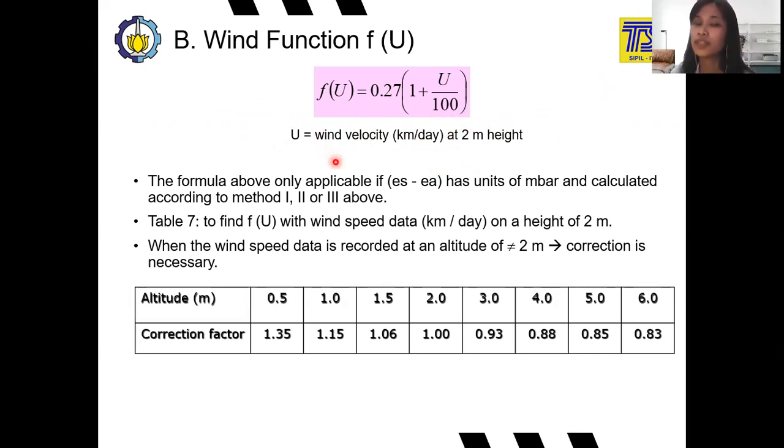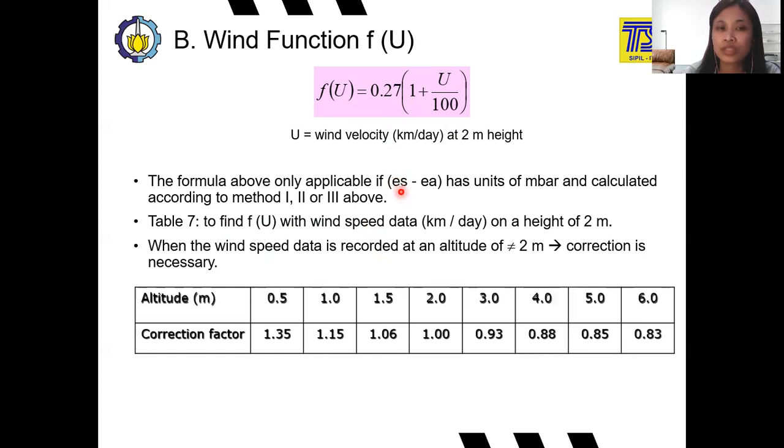So if the wind velocity that you have is not at 2-meter height, you have to convert it. And here comes the correction factor to convert it. This formula only applies if ES minus EA has a unit of mbar and is calculated according to method 1, 2, or 3, not the wrong method.